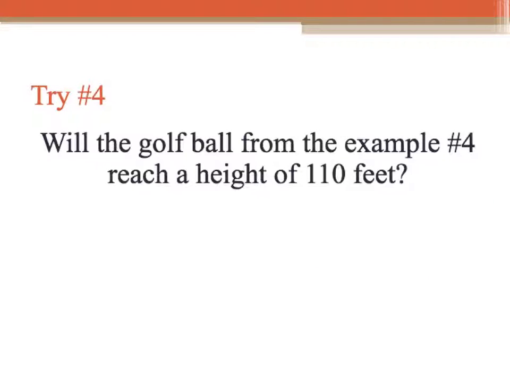Now, if we go back and ask, will the ball reach a height of 110 feet? We use the same formula that we just dealt with. So 110 equals negative 16t squared plus 85t plus 1/12.